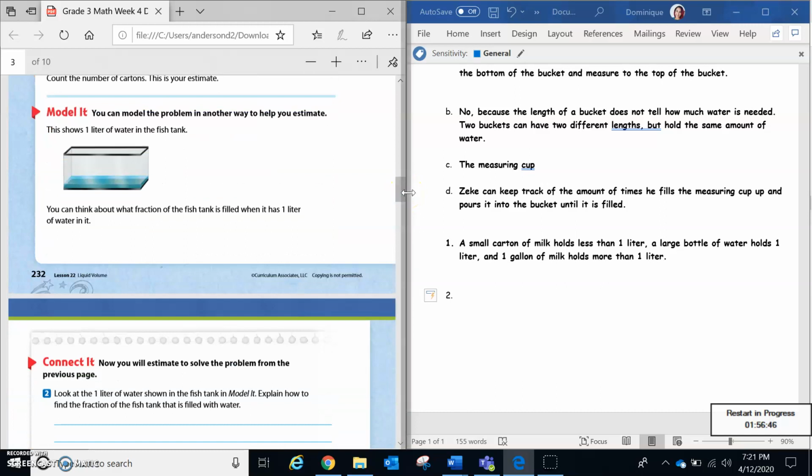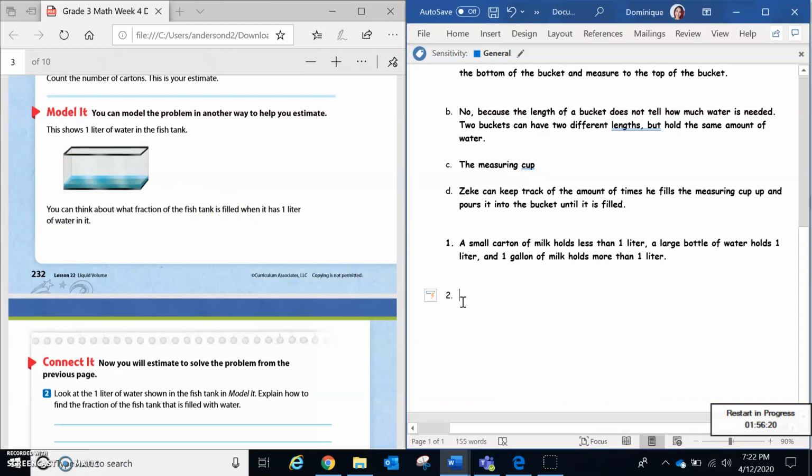So if we're looking here, you can see the part that they filled. This is the 1 liter. So what we could do, if we wanted to figure out what fraction of this has already been filled, is mark this piece and then estimate, if we filled it up the same amount each time, how many times that would be.